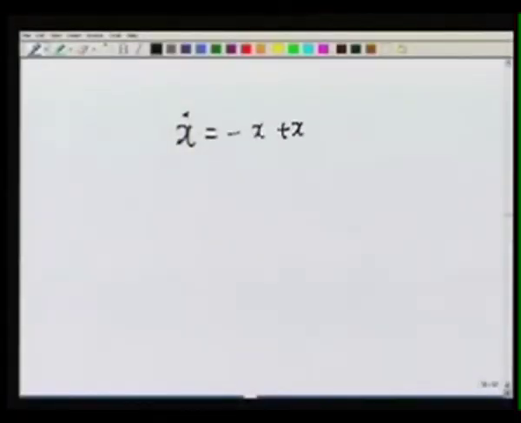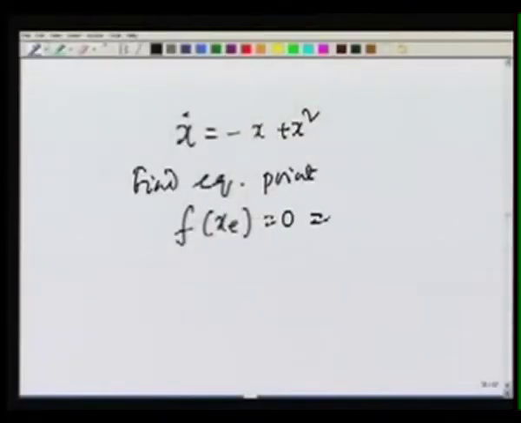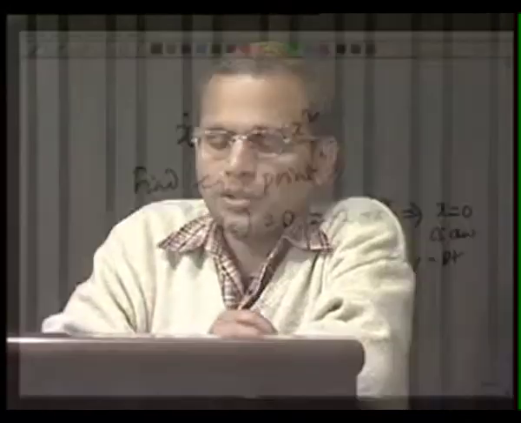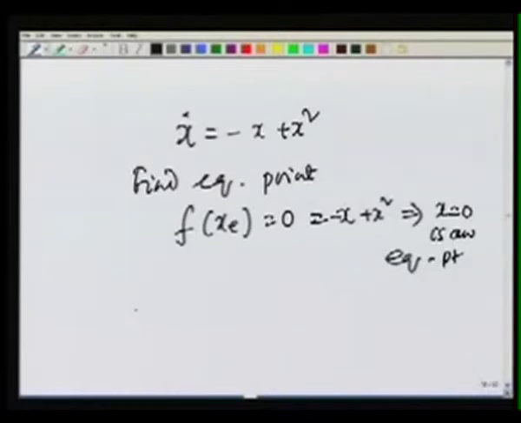So, what we did actually, let me again clarify: we had x dot equal to minus x plus x square. First we found the equilibrium point, that is, f(x_e) is 0, which is minus x plus x square. So, x equal to 0 is an equilibrium point. At the equilibrium point, the linearized equation, if you follow our linearization scheme, is x dot equal to minus x.